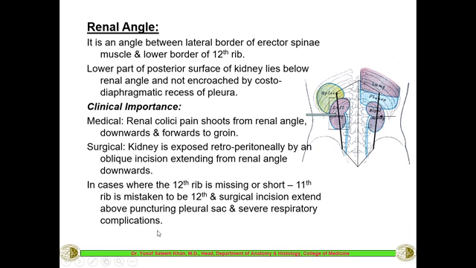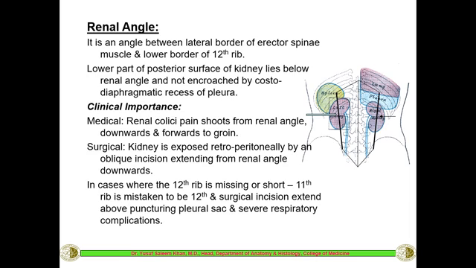Okay, so that's why this renal angle is very important, and you should always see that the incision is taken between the 12th rib and the lateral border of the erector spinae, and always make sure that this is the 12th rib, not the 11th rib, because sometimes the 12th rib might be very short, or sometimes it will be totally missing.